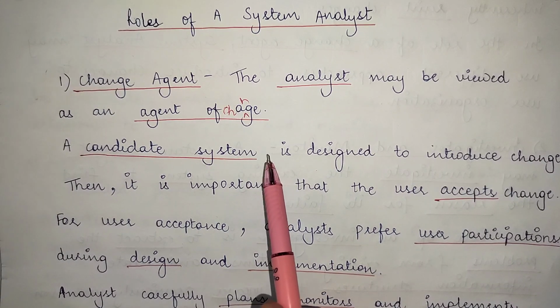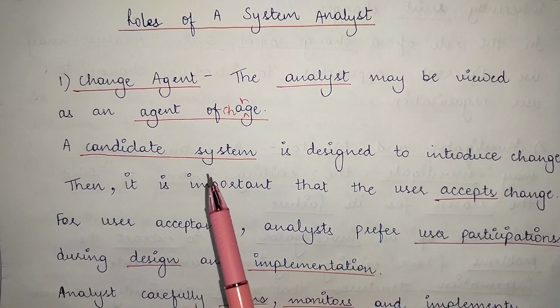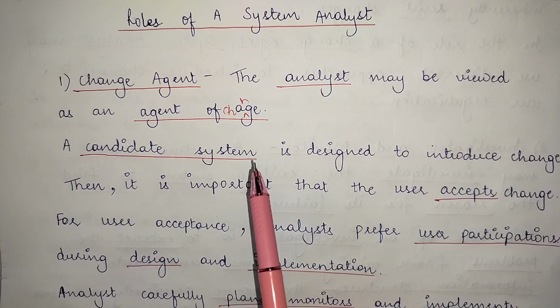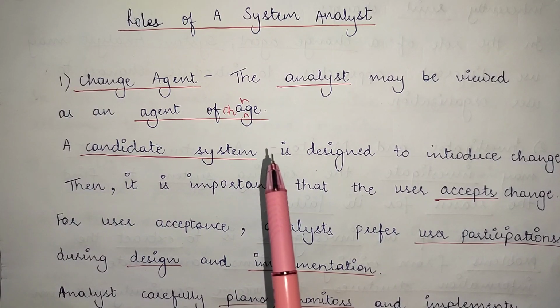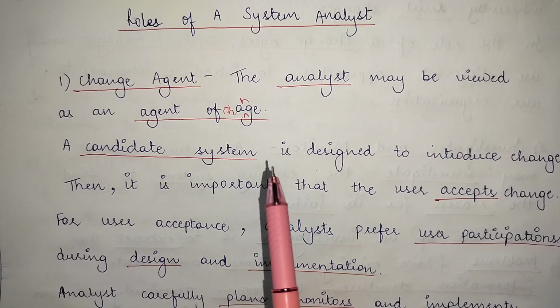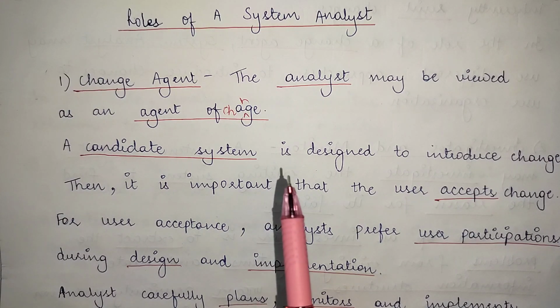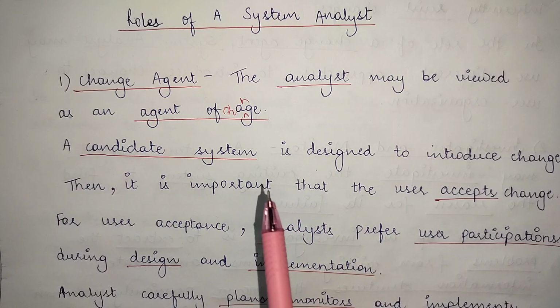So that means any candidate system is designed to introduce change because the candidate system is built or implemented to improve some areas of the organization and to enhance some aspects of it. You need to change the way you were working earlier.